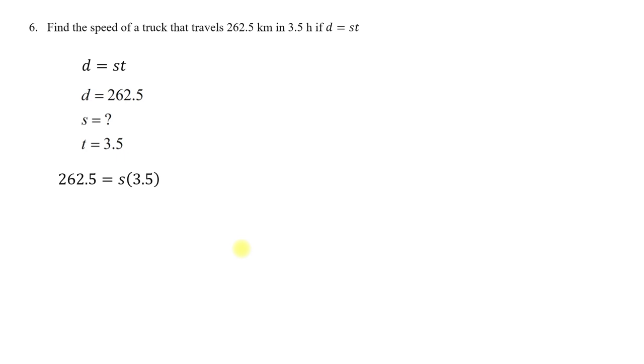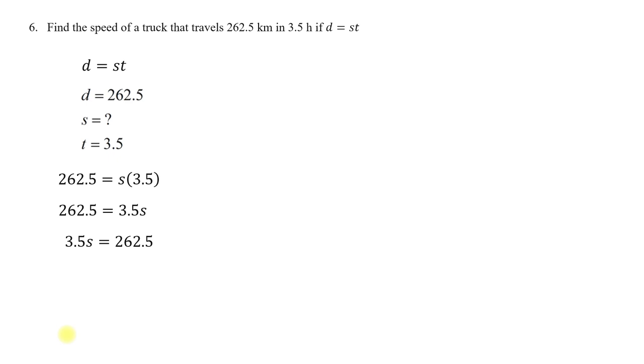262.5 equals S times 3.5. We can restate that as 262.5 equals 3.5 S. This is just a more common way of expressing S times 3.5. Instead of saying S 3.5, we just say 3.5 S. Once again, we want to have the variables on the left-hand side, so we can just swap the sides.